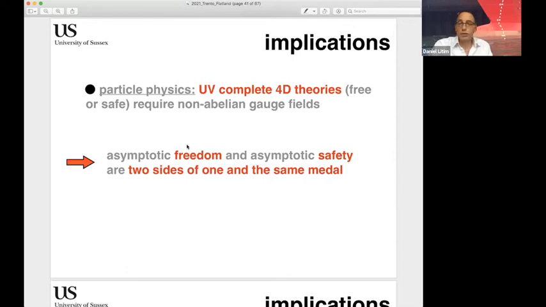We are used to asymptotic freedom, and we fully understand that for asymptotic freedom to arise, non-abelian gauge interactions are key. But now it turns out that for 4D quantum field theories to develop weakly interacting fixed points, these non-abelian gauge interactions are also key. And in particular, they are key for these fixed points to become asymptotically safe. So in that sense, non-abelian gauge asymptotic freedom and asymptotic safety are in a way two sides of one and the same medal.